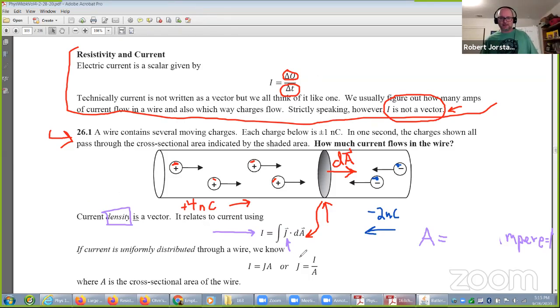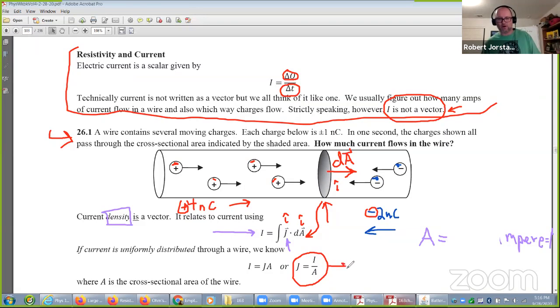Now check this out. If everything in this case had an i hat on it, so if this had an i hat and these have i hats, that accounts for the minus and the plus symbol. You have negative charges moving in the negative i hat direction in the density, and so that gives you a plus. All right, so far so good. But notice the units of this thing.